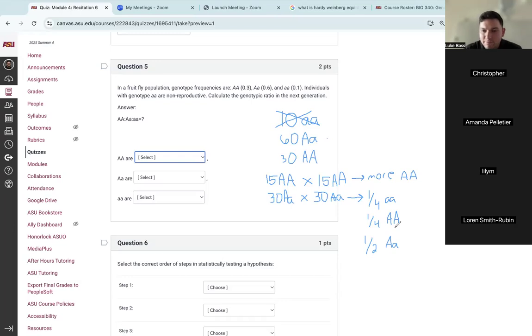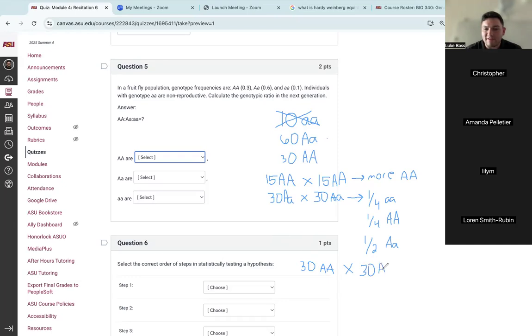So let's say 30 of the homozygous dominants mate with the 30 heterozygotes. So 30 homozygous dominants times the 30 heterozygotes. So this is another possibility of what could happen.